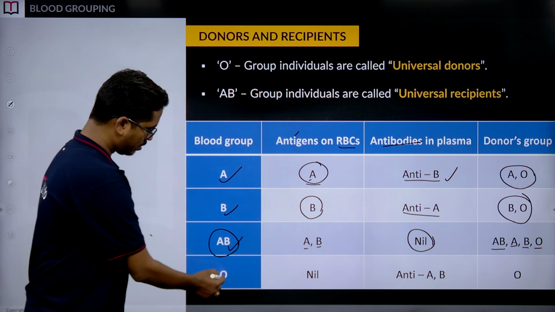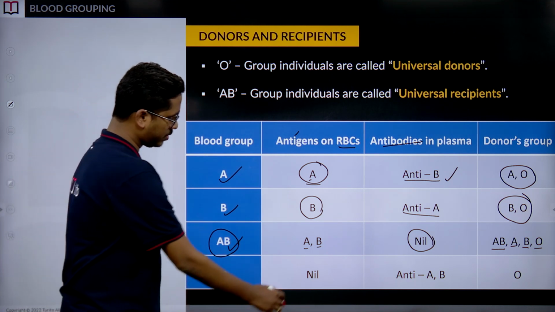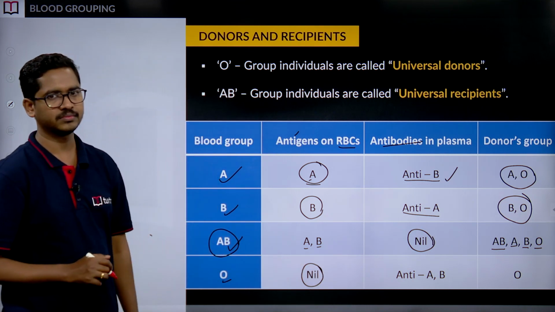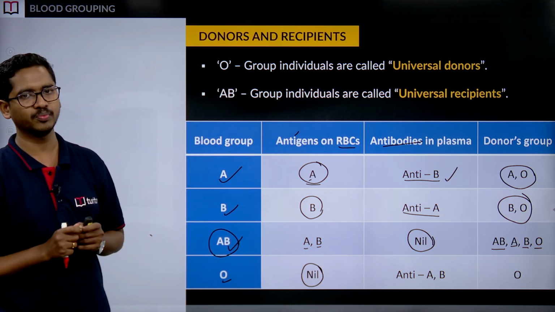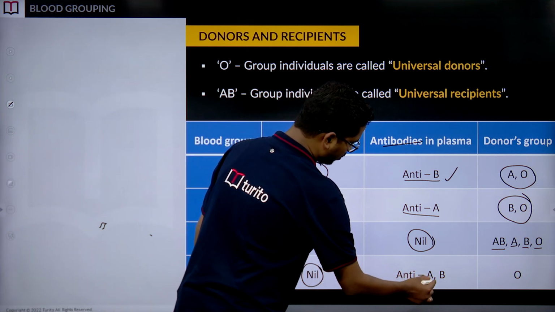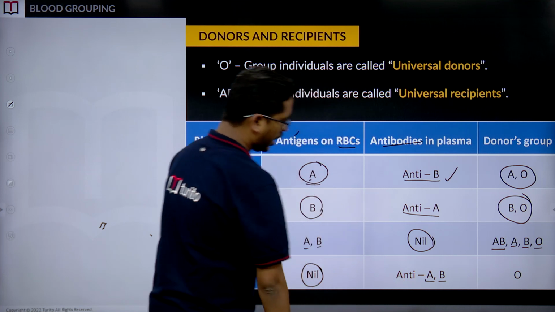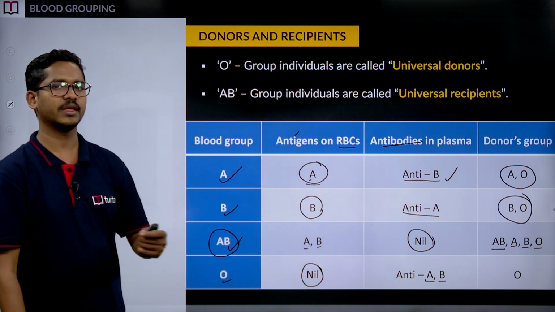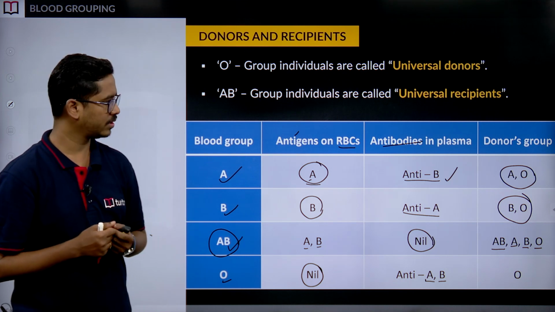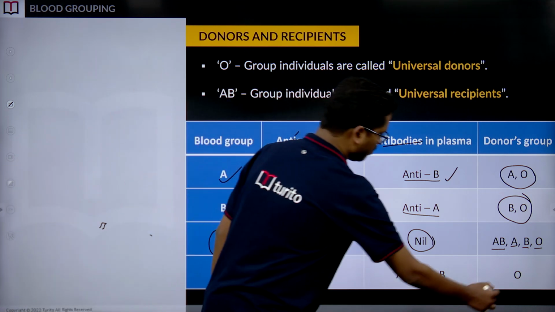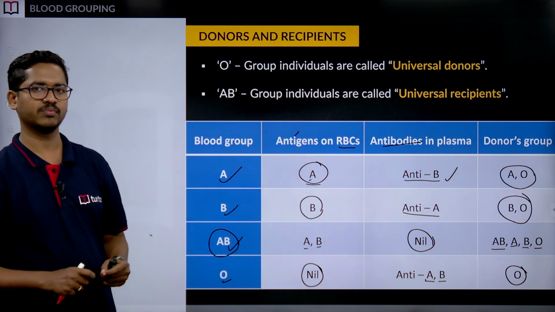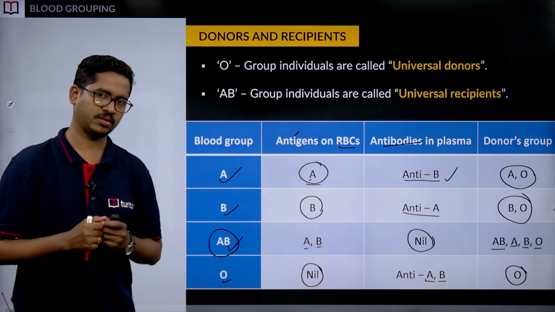Now, you see blood group O, again you will not find any antigens here, no antigens in blood group O. When it comes to antibodies, they have antibody A and antibody B in their plasma, okay. Antibodies are present in the plasma. And who can donate blood to them? They can only receive blood from the O group individuals.